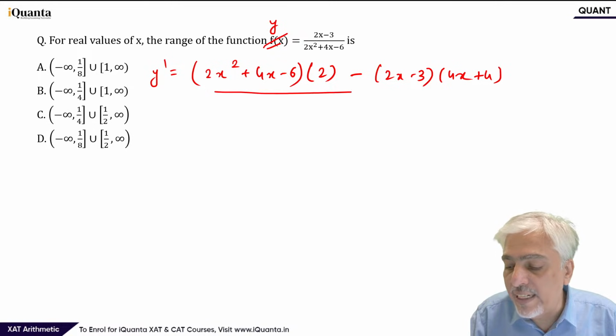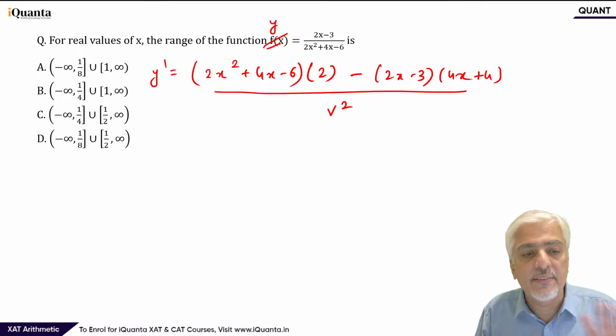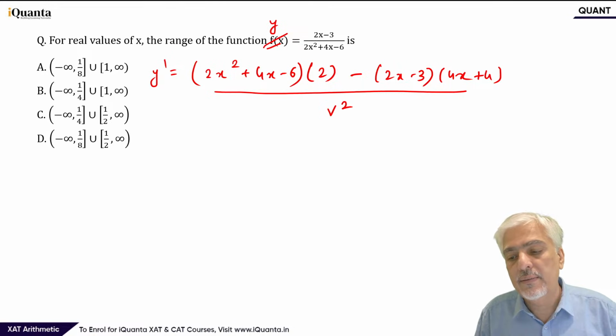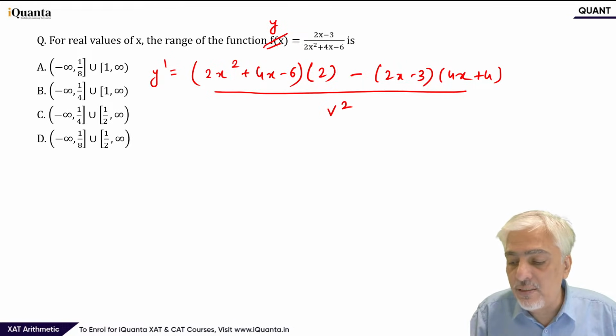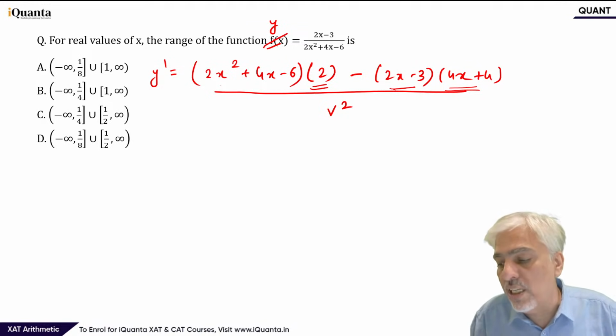I hope people know derivative a little bit. जिसको डेरिवेटिव नहीं आता है उनके लिए और एक मेथड है, रिलैक्स करना. I'll repeat this. V into derivative of u, 2x minus 3 का derivative 2, u into derivative of v, 4x plus 4 upon v square, तो मैं solve भी नहीं करूंगा. Leave it as it is. Equate this to 0.